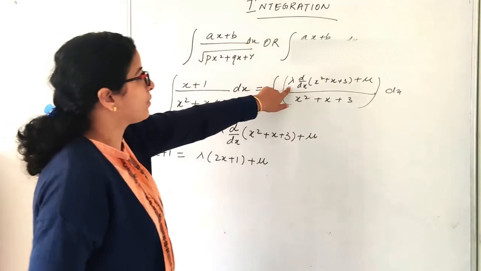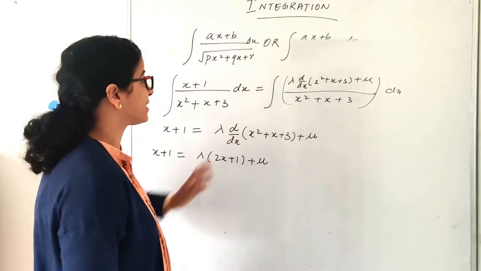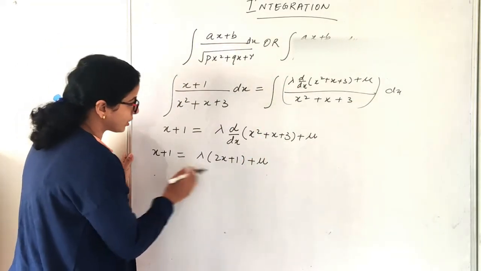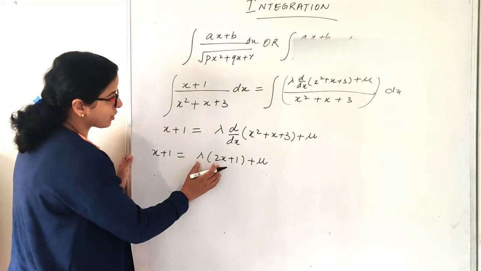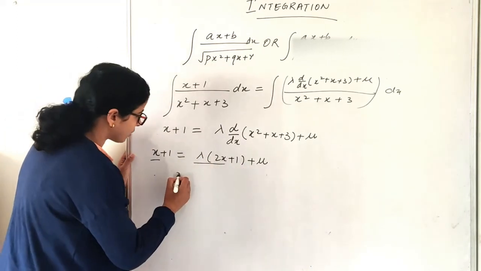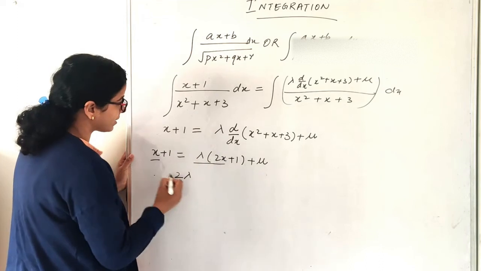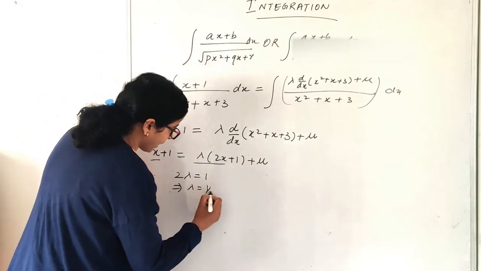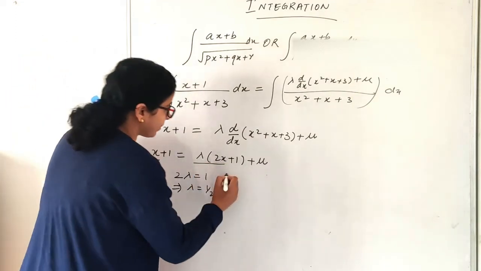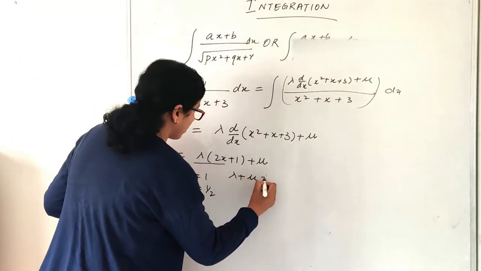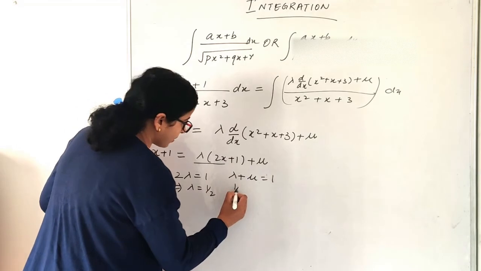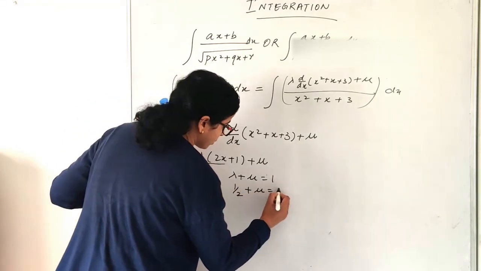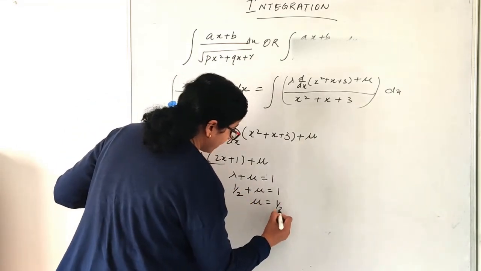We will get the values of lambda and mu and replace them. So now I will compare the coefficients of x and the constant. The coefficient of x is 2 lambda on the right hand side and on the left hand side it is 1. So this implies lambda is equal to 1 by 2. Now we compare the constants: lambda plus mu equals 1. Substitute the value of lambda: 1 by 2 plus mu equals 1. So mu is equal to 1 by 2.